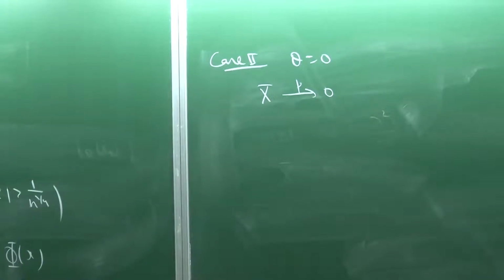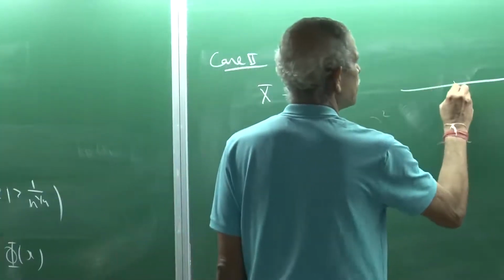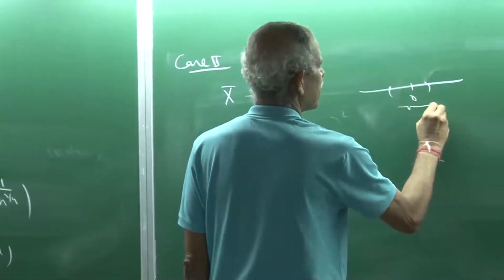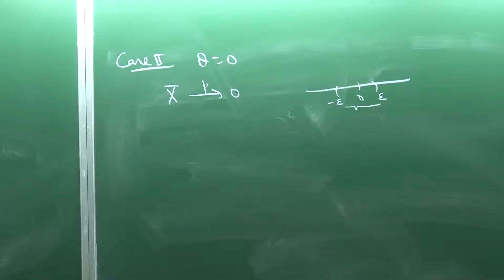So that means the probability that x bar is outside any interval of 0 is 0. So 0 is over here. You look at however small an interval around 0, the probability that x bar lies between minus epsilon and epsilon, that is 0.